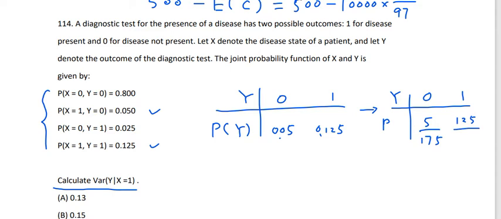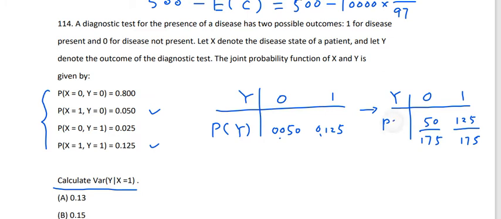Oh, I'm sorry, here 50. Yeah, it's 175, right? 0.053. So we don't make mistakes, we use 3 decimal digits. So this is a 0-1 distribution.